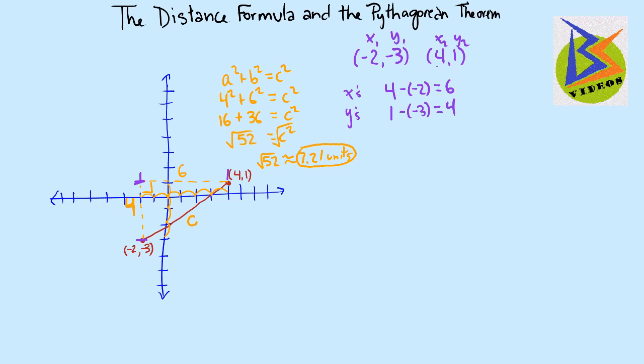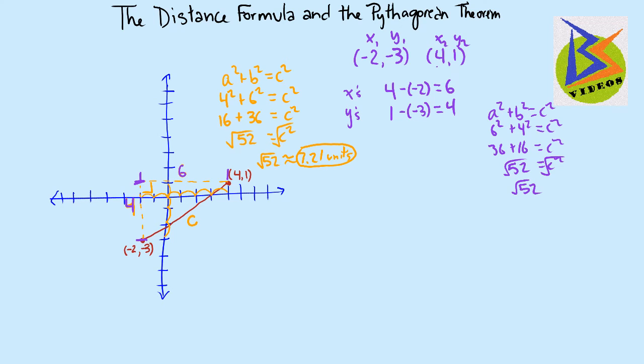So much like we found over here that our y distance was 4 and our x distance was 6, we then used the Pythagorean theorem and said that a squared plus b squared equals c squared, which was 6 squared plus 4 squared equals c squared, which is 36 plus 16 equals c squared, which is 52 equals c squared, square root both sides, square root of 52.